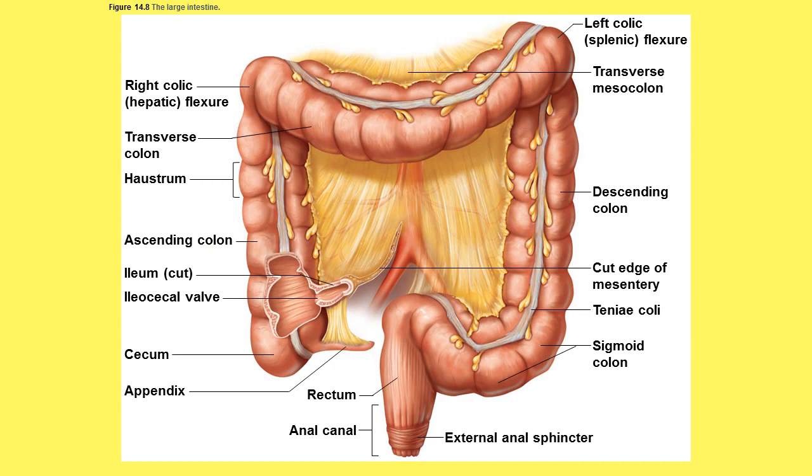So as you can see here, the large intestines, how it bends and circles around. The main purpose of the large intestines is that a little bit of digestion occurs. You're concentrating the waste into the fecal matter, and you're reabsorbing water from those waste products.